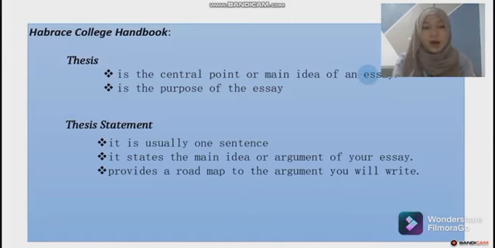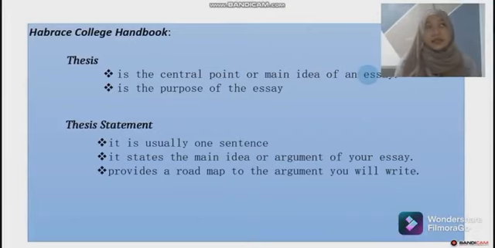According to Hacker's College Handbook, thesis is the central point or main idea of an essay. Thesis contains your insight about the essay or the main topic. It is the purpose of the essay. When we combine thesis plus statement, we get thesis statement.